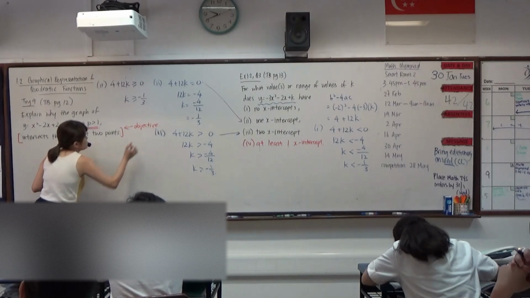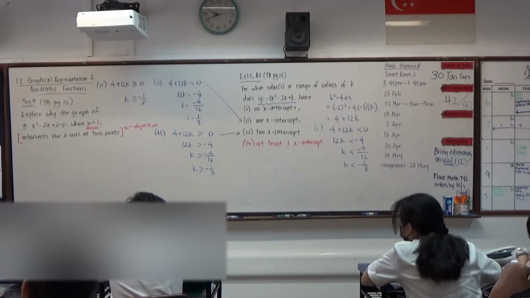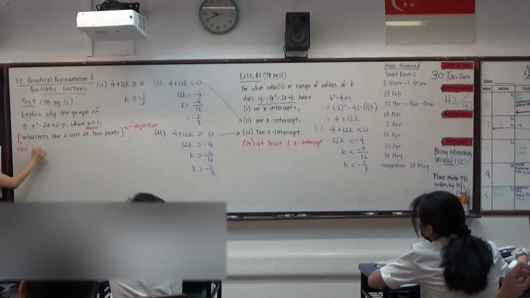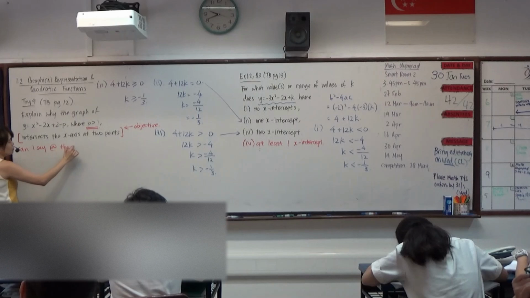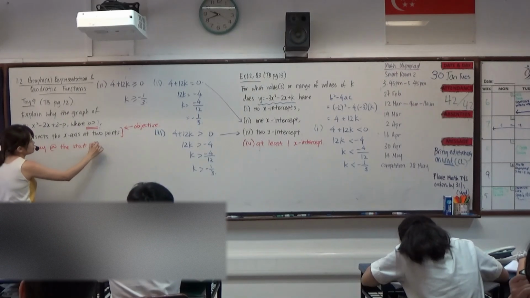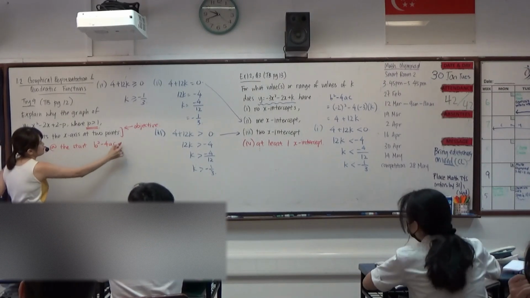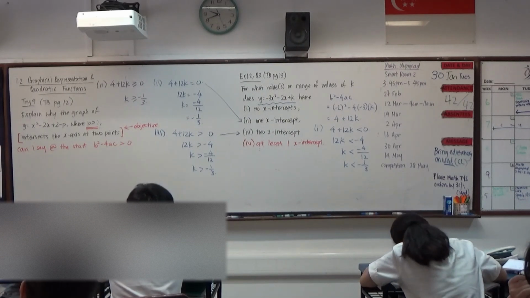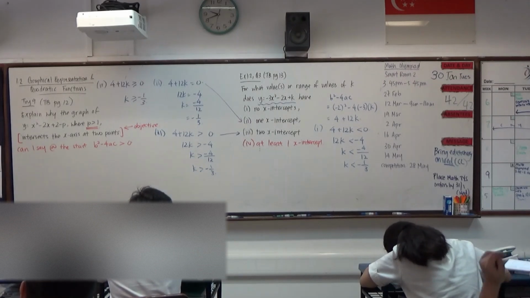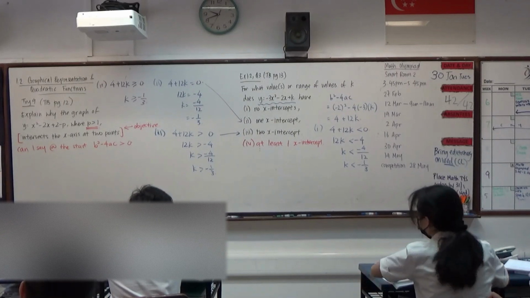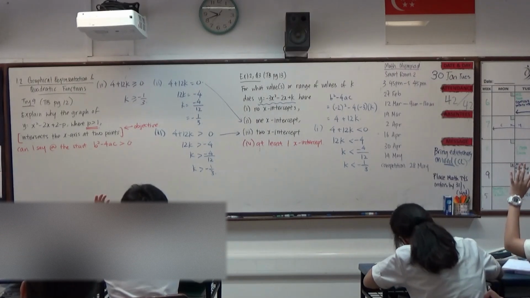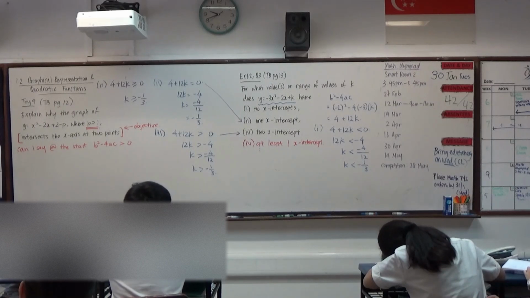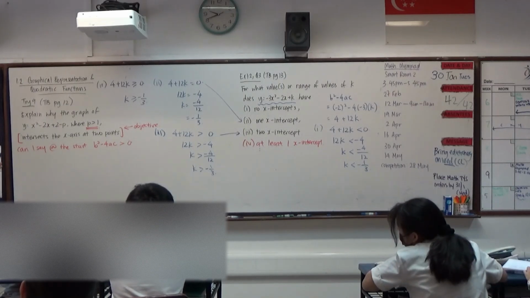So my question down here is, can I say right at the start that b squared minus 4ac is more than 0? Then after that I continue to find the answer. Can I say that? How many of you say yes, I can do that? How many of you say no? I guess the rest means not sure.